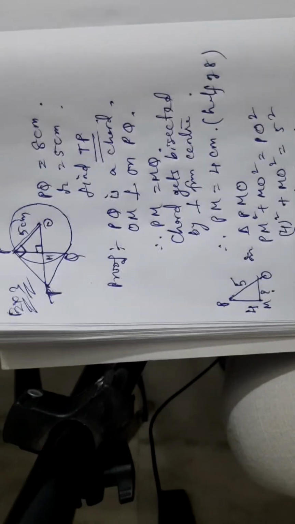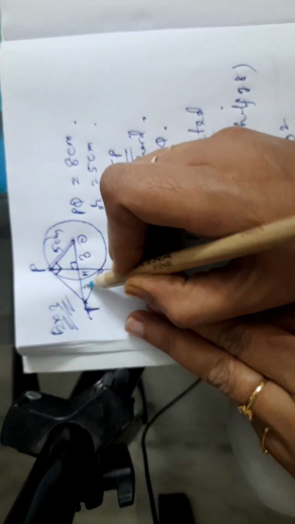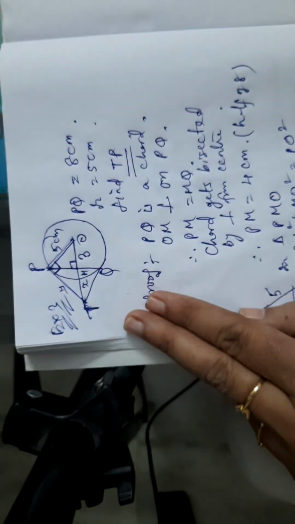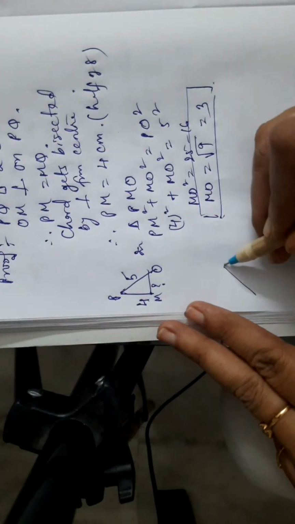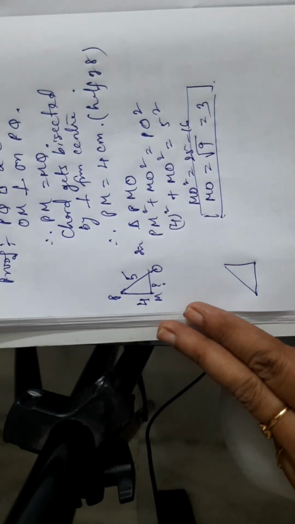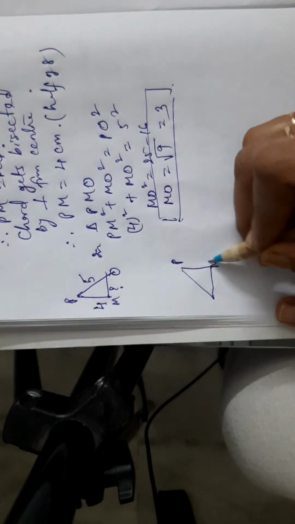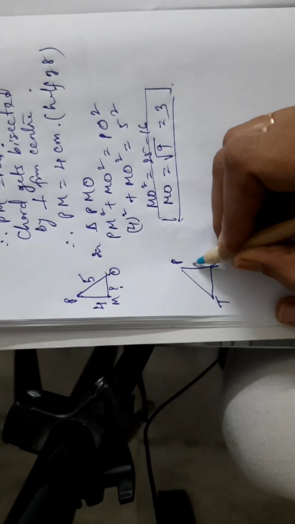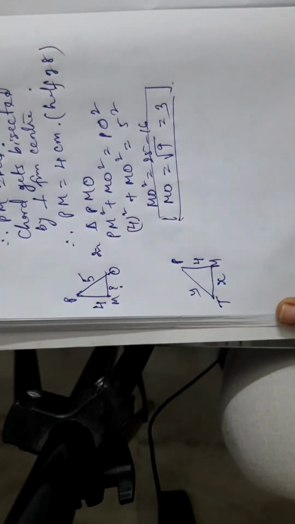Now after getting MO, here we'll move on with the next triangle. Let this be X and this be Y. In triangle PMT, it is one more right angle triangle. So we are dealing with that now. Whenever you solve this question, make triangles so that you can understand it conveniently. In triangle PMT, PM is 4, TM we considered x and this is y.